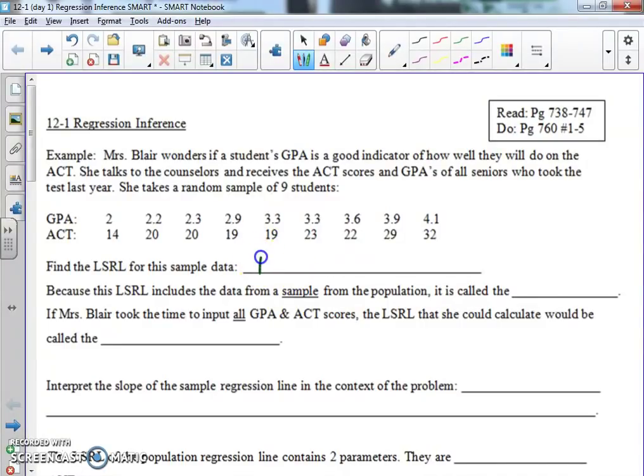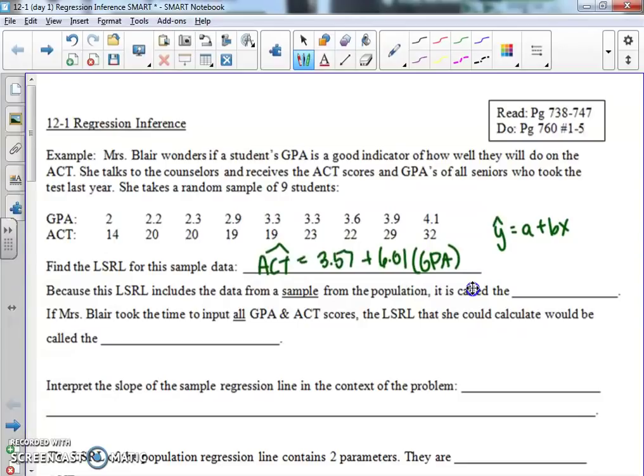I would say the predicted ACT score, remember the way we write that is with a hat, equals 3.57, which is the a in the calculator, plus 6.01 times the GPA, because remember your GPA is the explanatory variable. And the idea of this formula is a is the y-intercept, b is the slope, x is the explanatory, and y-hat is the predicted response variable. Okay, so that's what we're plugging in there.